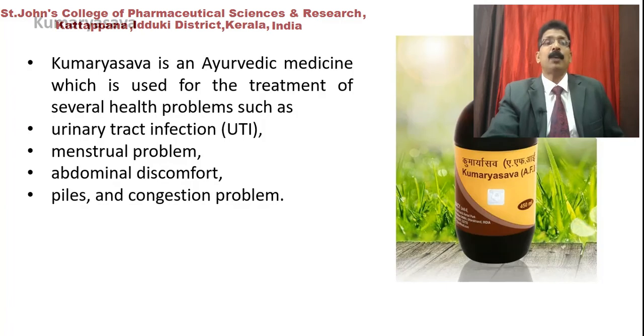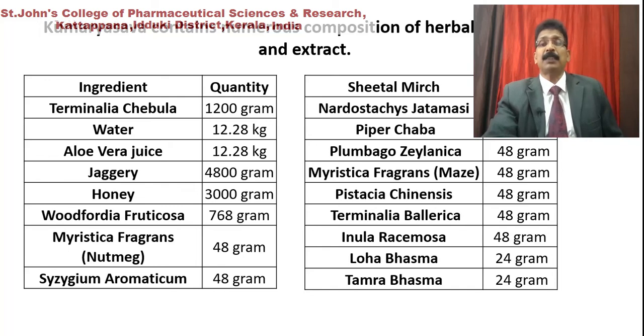And Kumaraswa, I have added, along with its main use, for health problems like UTI. And what all the constituents are, especially Myristica fragrans, Terminalia, Balarista, honey, jaggery, aloe vera juice and Myristica fragrans. And you should know what Terminalia chebula is. It is a very common drug, very commonly used for various ailments. They prepare Aswa by using all these constituents.